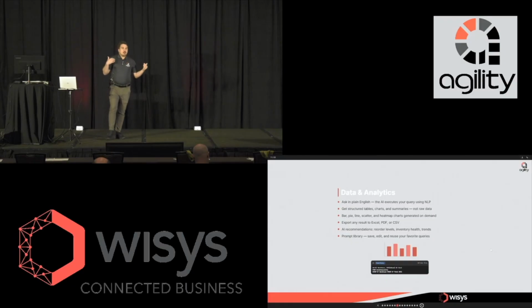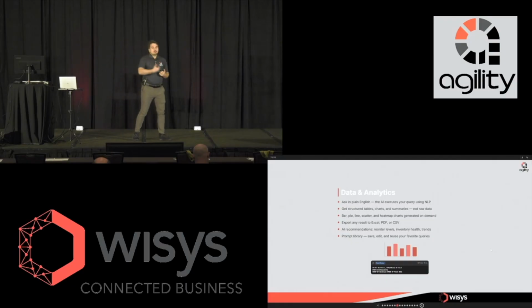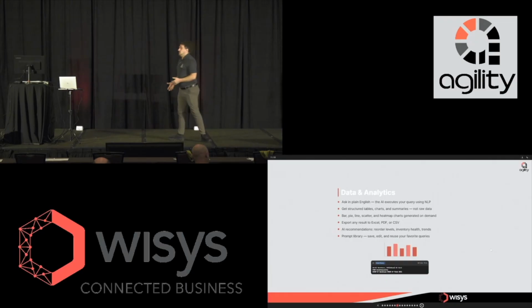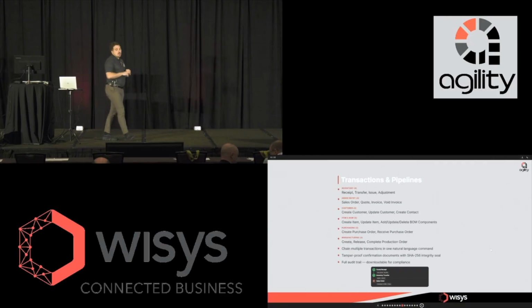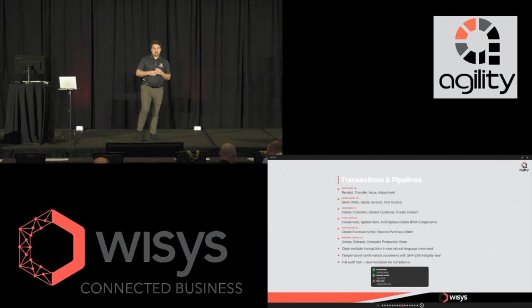You know how sometimes you just want to reuse the same prompt every day to see if some items have updated or some PO orders have processed? You can do that by saving all of these prompts in that library. We support over 21 transactions, such as inventory transactions, order entry, customers, item purchasing, manufacturing. Those are only a few that we support.